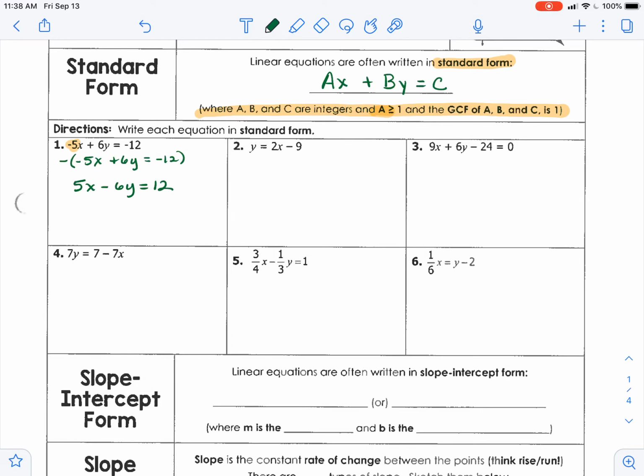Okay? So now if you look at number 2, we haven't talked about that yet. Maybe you recognize that is slope-intercept form. And so we're, again, going to need to put it in standard form, which means I need to get my x over to the other side with the y. So I am going to subtract the 2x from both sides.